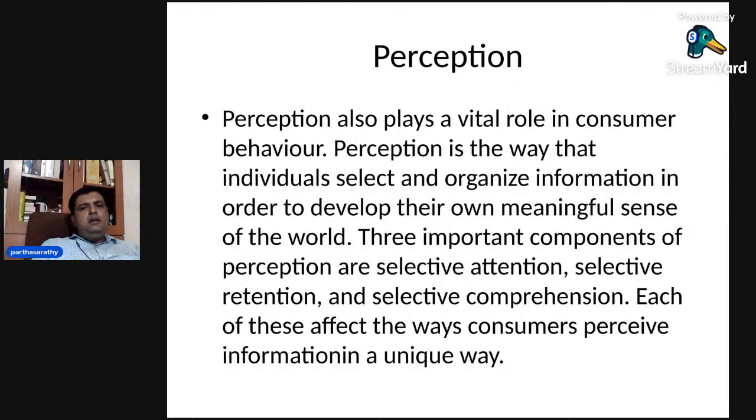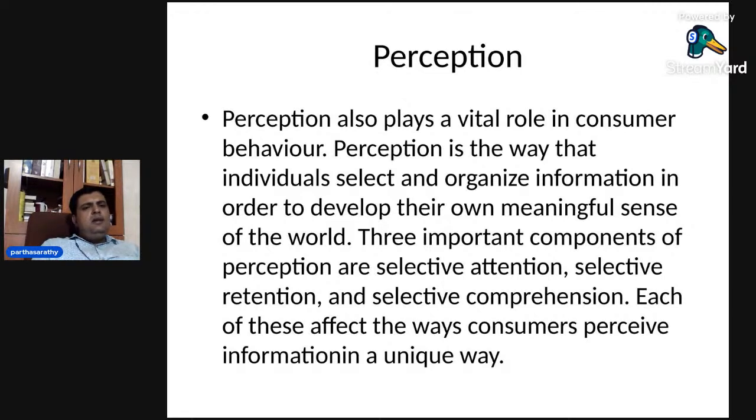Three important components of perception are, first, selective attention. Only when you pay attention to a stimulus or an input, that is selective attention. Every day when we go on a road or when we are in an environment, we see many things. But do we pay attention to every single thing that we see?